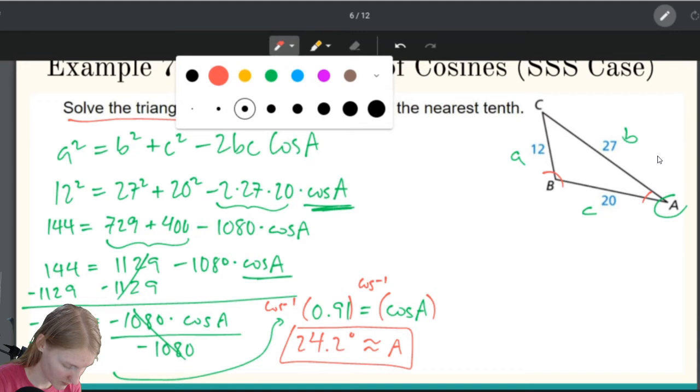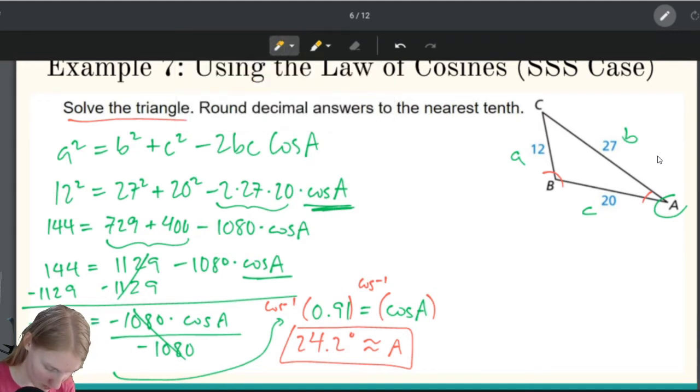So let's do that. I want to solve for b. So we're going to take side b over sine b is equal to a, 12 over sine of, now we know what angle A is. It is 24.2.